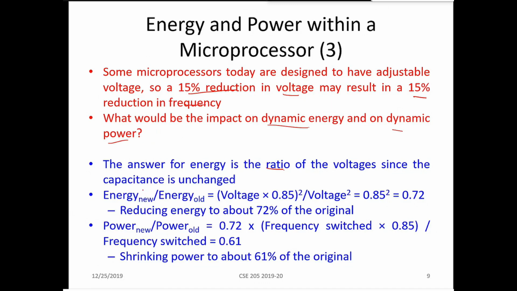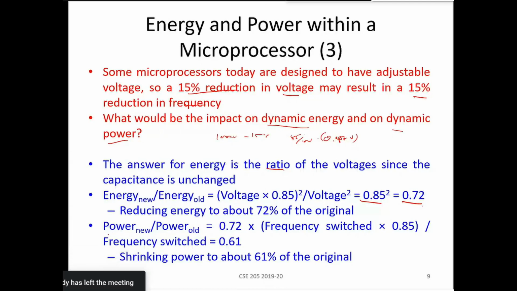The new energy is based on a 15% reduction in voltage, so it is 0.85. Assume we have 100 as the voltage; reducing by 15 gives 85, which as a fraction is 0.85. So the new energy is 0.85 voltage squared divided by the old voltage squared, because the one half and the capacitive load cancel in both cases, energy new and energy old. Ultimately you will get 0.72, the ratio between the new energy and the old energy.